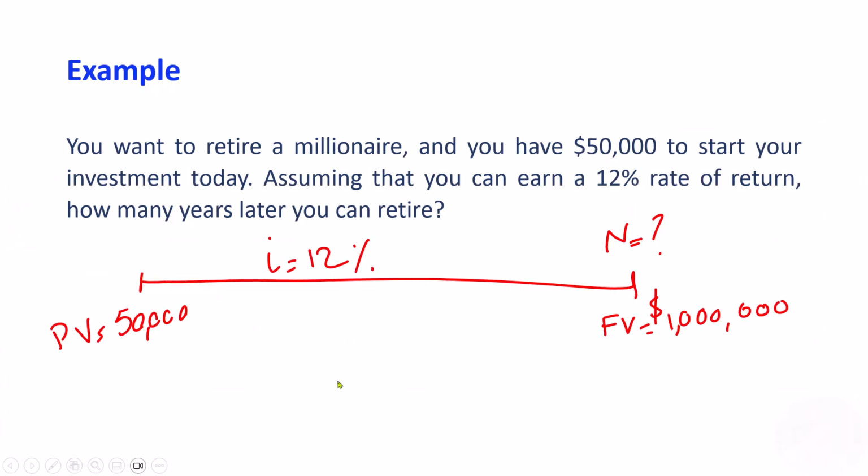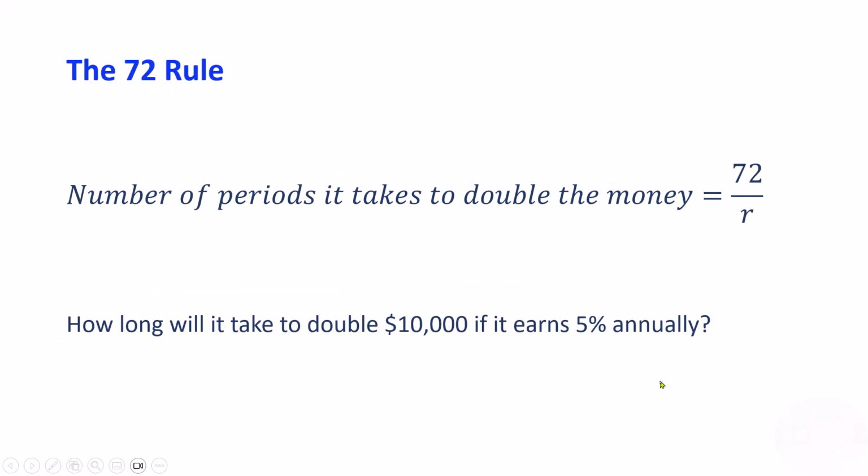And finally, you can use this rule as an approximation. We call this the 72 rule. The number of periods it takes for you to double your money, so this is only for doubling the money, is 72 over R. So this is how long it will take. Let's look at an example.